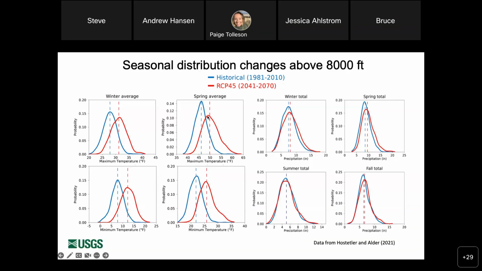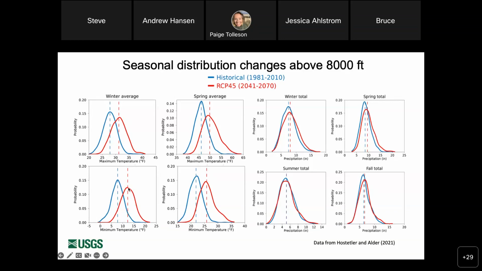In minimum temperature, which I'm showing here at the bottom, there's an even bigger shift. So the temperatures both in winter and spring are shifting warmer, and the interesting thing here is that even under RCP 4.5, what was in the tails of the distribution for the observations now becomes the mean or median for the shifted climate.